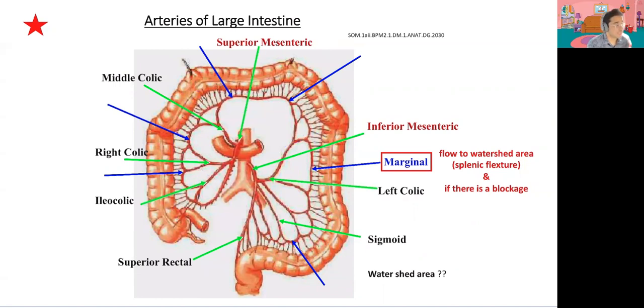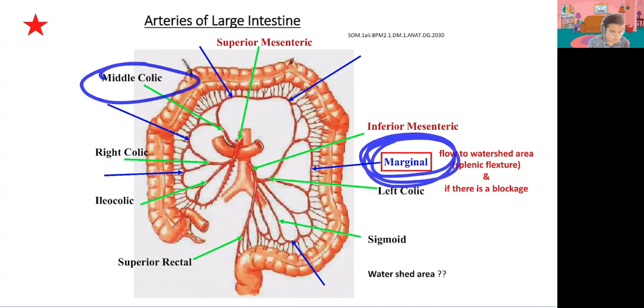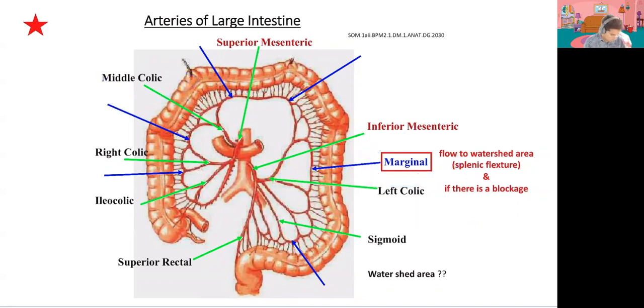But what you need to remember is that the SMA and the IMA have points that give off blood to the left haustra, or the flexure that you see of the large intestines. So what are the two arteries? If they ask you very specifically, it's the middle colic, and the other one is going to be the marginal, right? So if you remember these two, then you're going to be good in terms of what is giving collateral blood supply to the haustra.